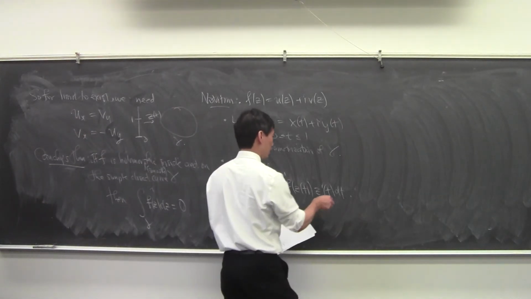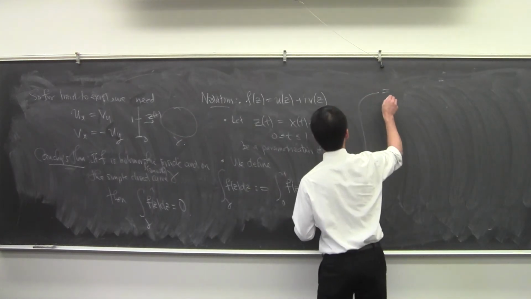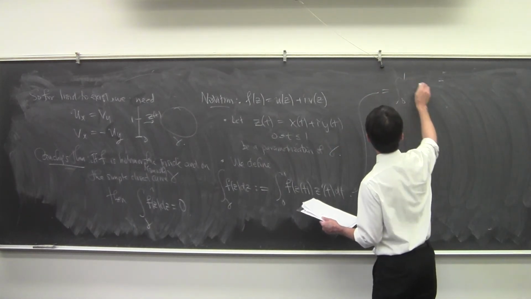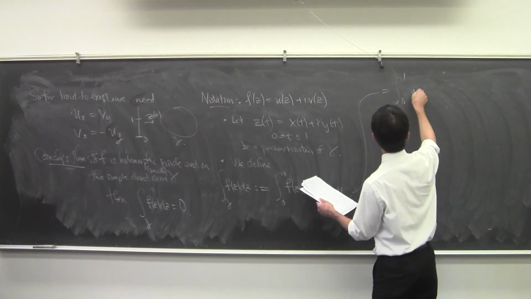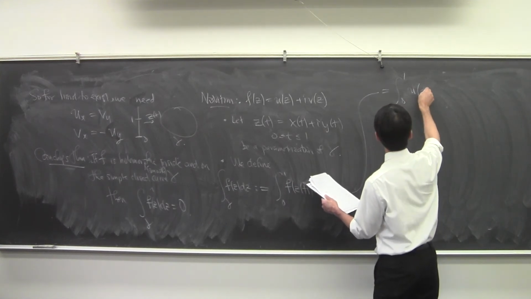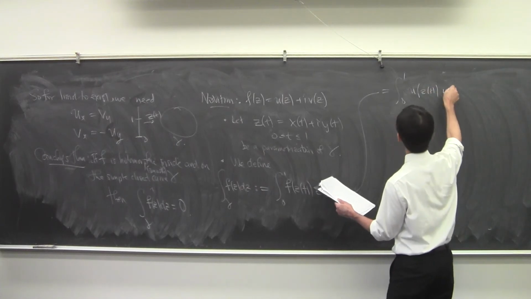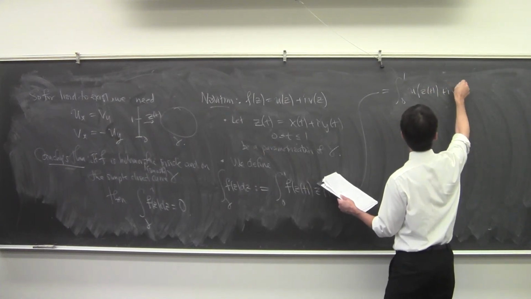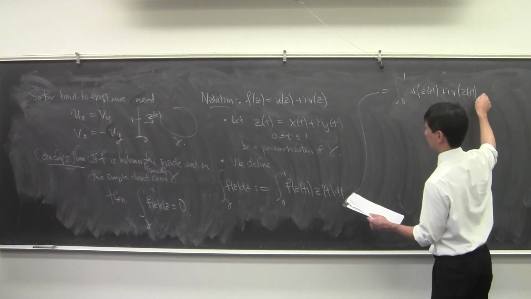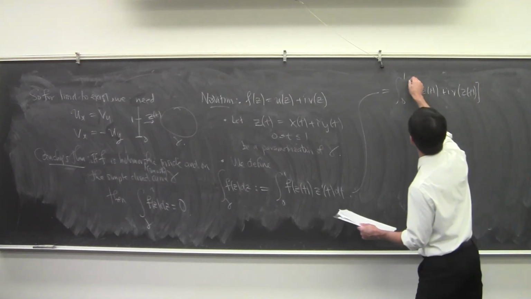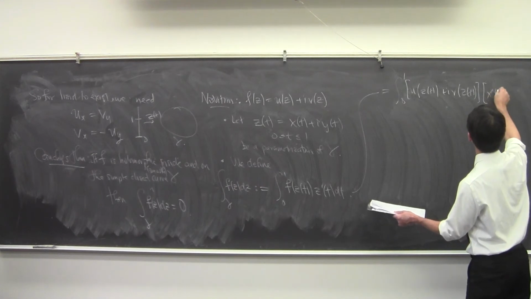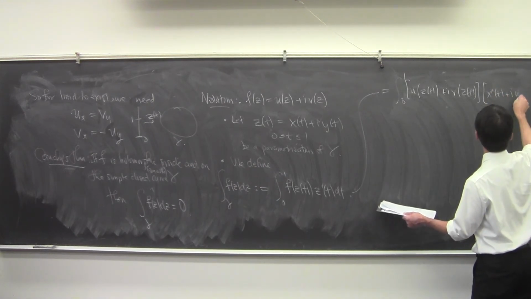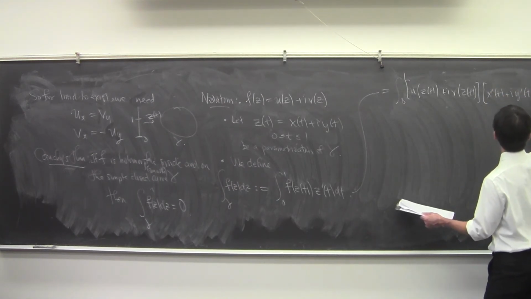Maybe it's cleaner to expand it out and call it u of z of t plus i v of z of t, times x prime of t plus i y prime of t, dt.